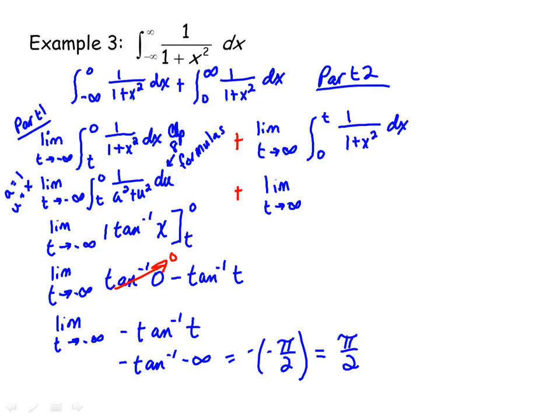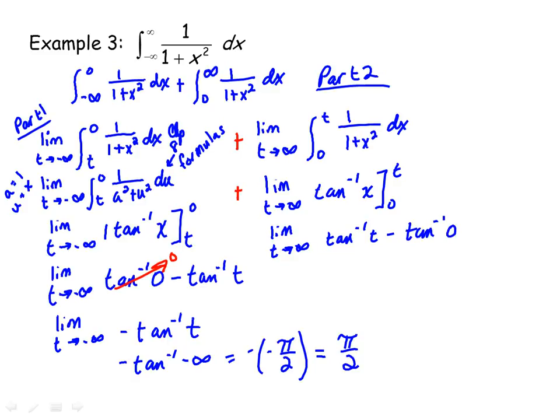Now, when we do the antiderivative, you're going to get the same thing. You have the tangent inverse of x, but this time we're going to go from 0 to t. So we're going to have the limit as t goes to infinity of tangent inverse of t minus tangent inverse of 0.